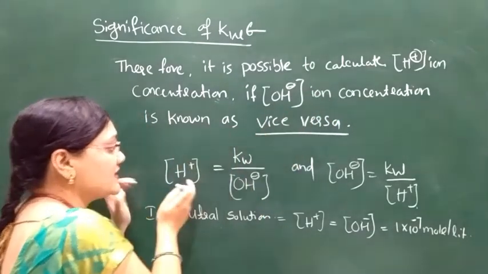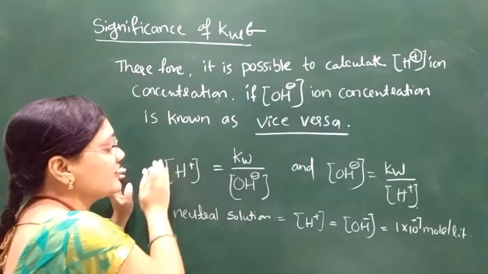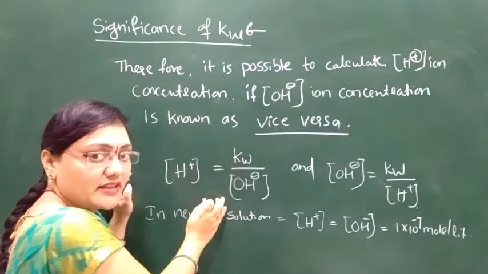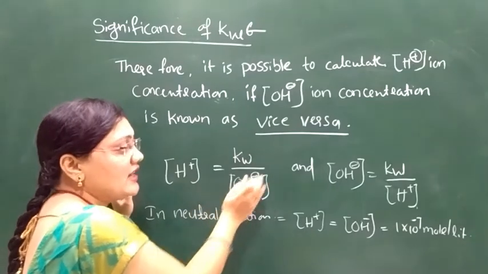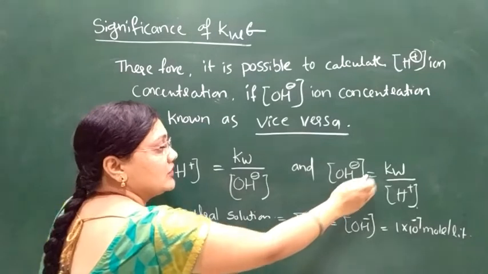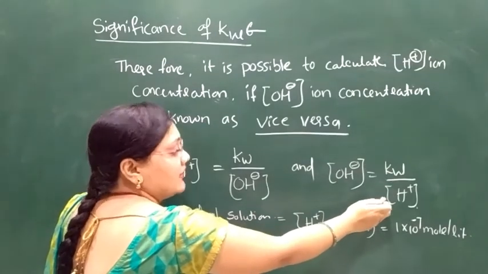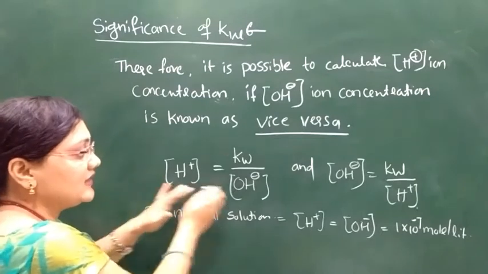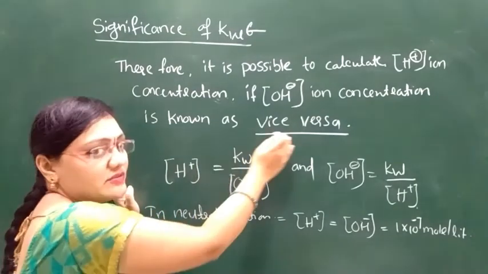This is a 1 mark question. For an acidic solution, the concentration of H plus ions equals the ionic product of water divided by the concentration of OH minus ions. For a basic solution, the concentration of OH minus ions equals Kw divided by the concentration of H plus ions. This calculation is known as vice versa.